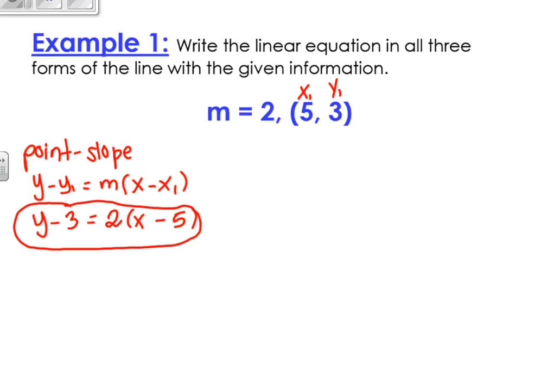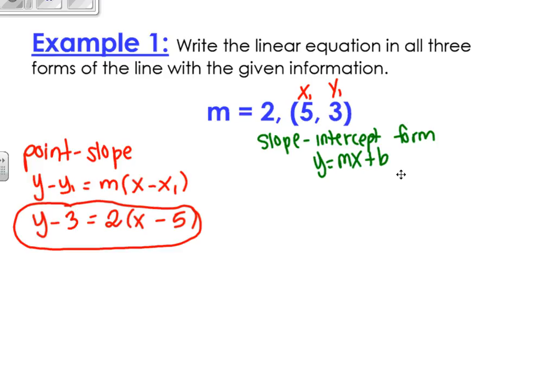The next form, slope intercept form, that's this y equals mx plus b. It was a lot easier from a graph because b specifically is your y-intercept, but you can't tell what the y-intercept is with this point.